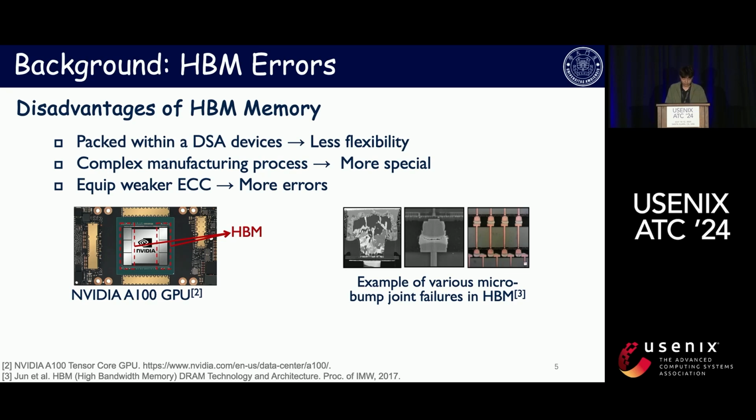Additionally, the complex manufacturing process and the weaker ECC equipped in HBM contribute to more specialized and frequent errors. Both correctable and uncorrectable errors in HBM are common, often causing server crashes and resulting in the wastage of expensive computing power.